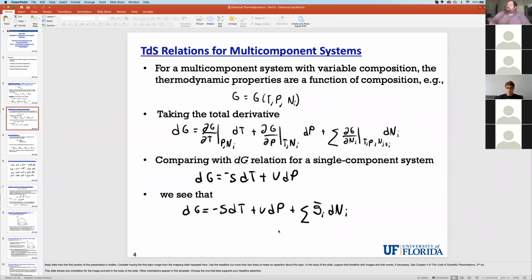So dg is equal to minus sdT plus vdP plus the sum of the partial molar Gibbs free energy, the term we just defined on the previous slide, times dn_i. So if you have composition changing, you need to add this extra term to all the TdS relations. You have very similar terms for the enthalpy and things like that.